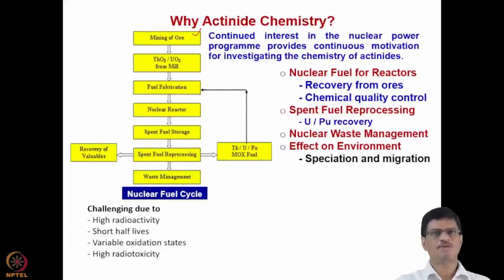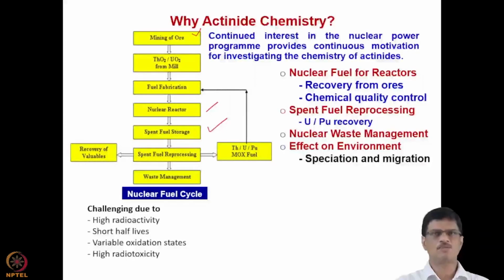Then after fuel fabrication, it goes to the nuclear reactor, and after the reactor is operated for a certain period of time, the spent fuel, where the fissile content has depleted significantly, is removed from the reactor core and kept in a storage called the spent fuel storage.